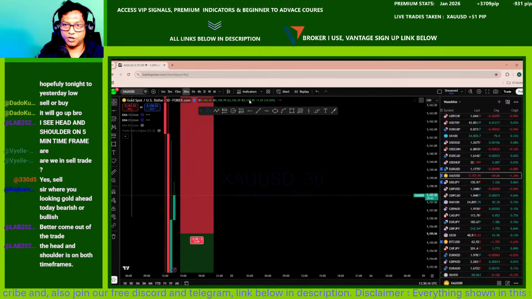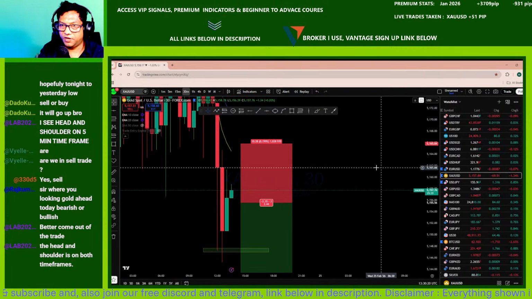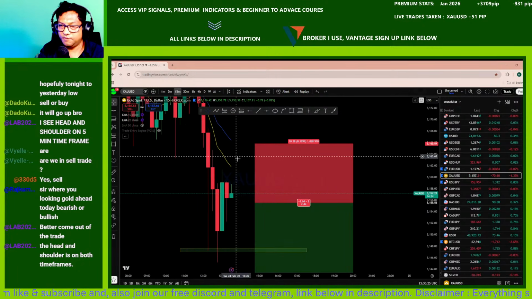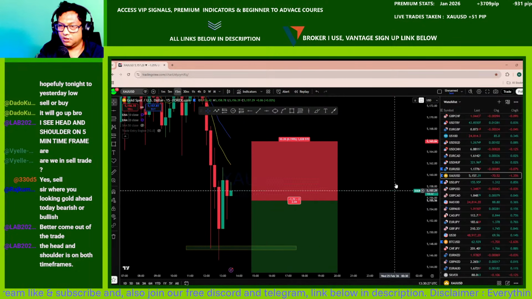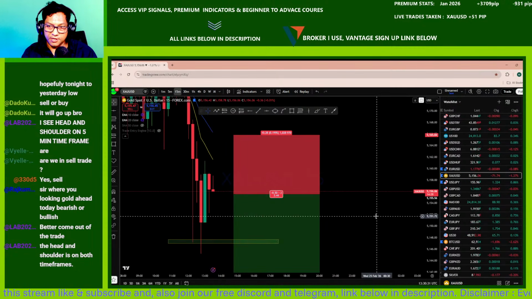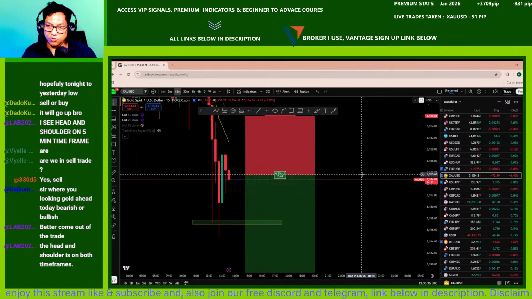So there is a breakout, and here is the 30 minutes price action, 1 hour and the 15 minutes here, and currently, if you look at that area, that's where the market is now breaking below.